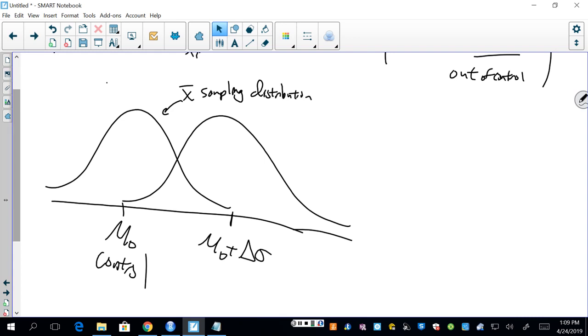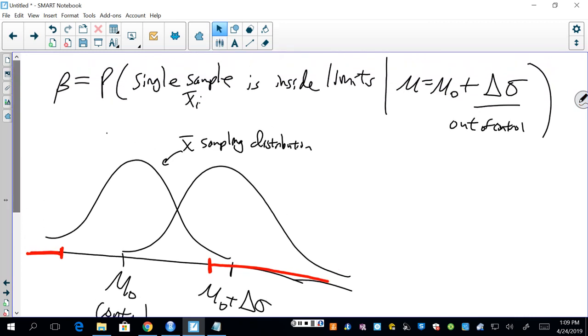We're going to call it out of control if it's up in this red area, say 3 standard errors away. So this error is the chance we're inside the limits when we're really over here.